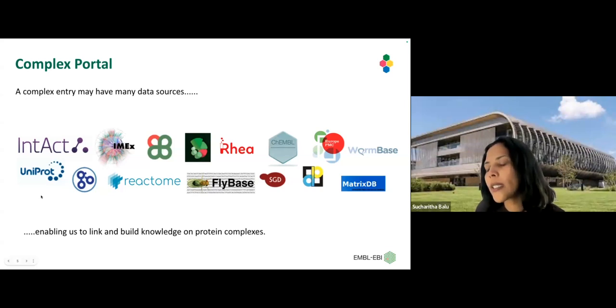The complexes are enriched with information from Gene Ontology for component, function, and process terms, and this tells you about the role a complex plays. Of course, we have physical interaction evidence that the complex really exists, from interaction data from Intact. And then we have a Reactome widget, which tells you about the biological pathways the complex is involved in.